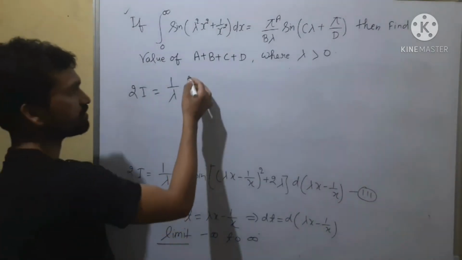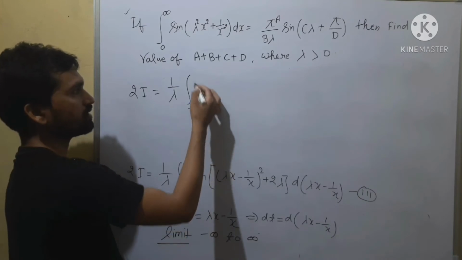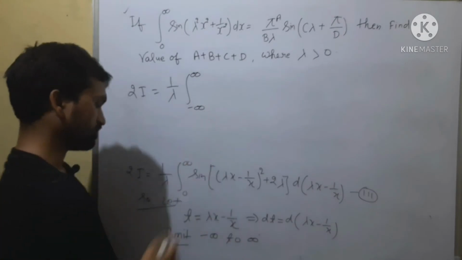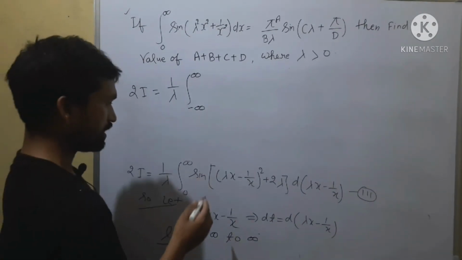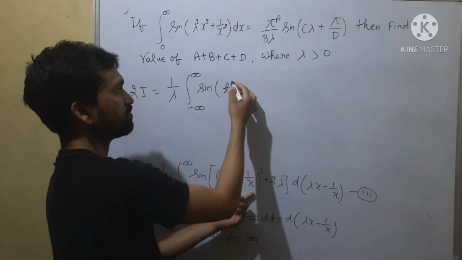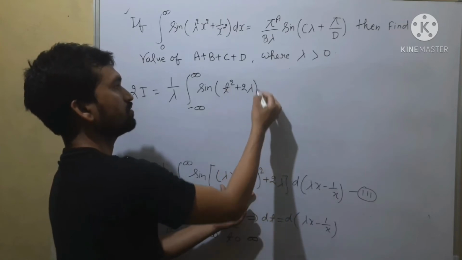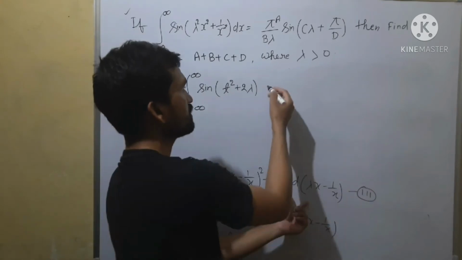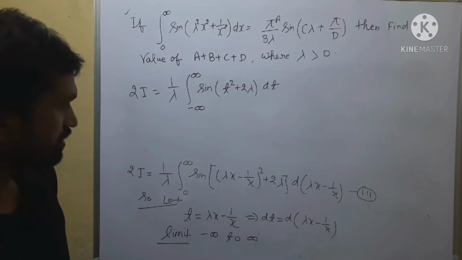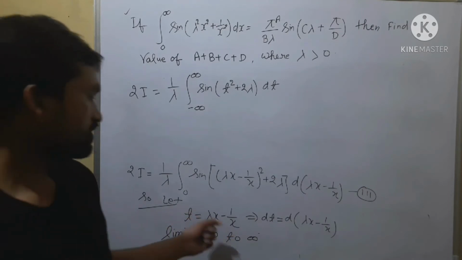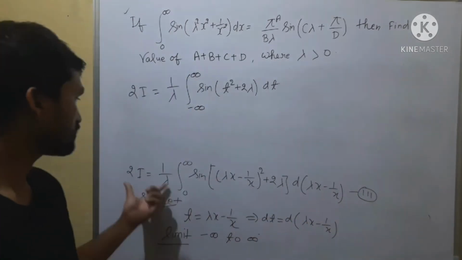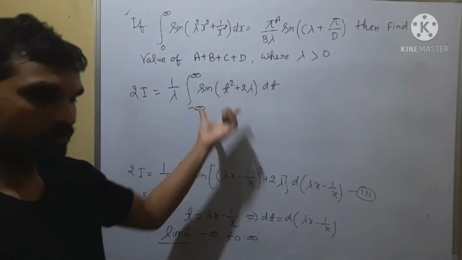Minus infinity to plus infinity, and this term will be sin of t square plus 2 lambda, and it is now dt. We have put these values in equation number 3. So equation number 3 is converted to this form.